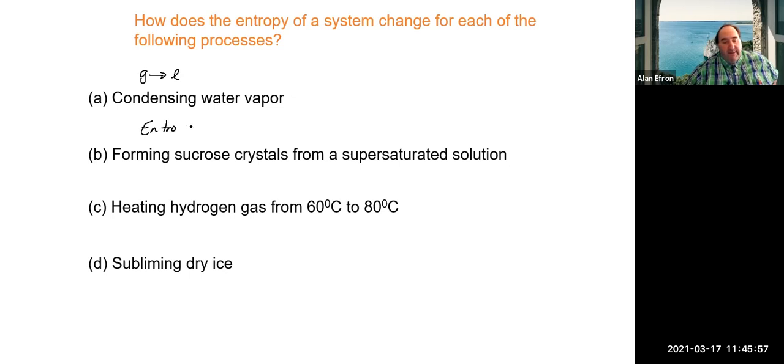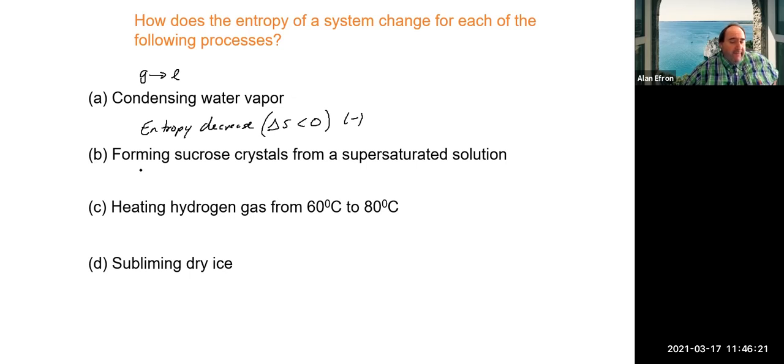The amount of disorder is going to decrease, and in terms of the value of delta S, we would expect it to be negative. A negative delta S means that we have a lot more order, a lot less disorder, as we're going from gas to liquid.